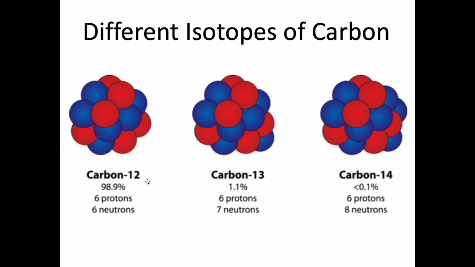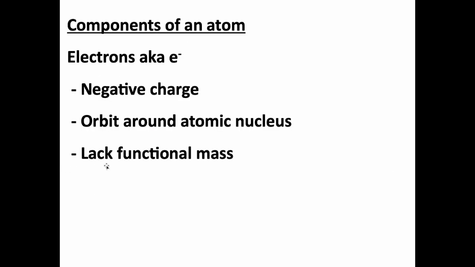I mean, go back to this. It was carbon 12 because it had 6 protons, 6 neutrons. It didn't matter how many electrons were in here, probably 6, because they just don't impact the mass at all. The phrase that I like is that they lack functional mass. Again, it's not 0, but it's so small we don't care about it, in biology at least.